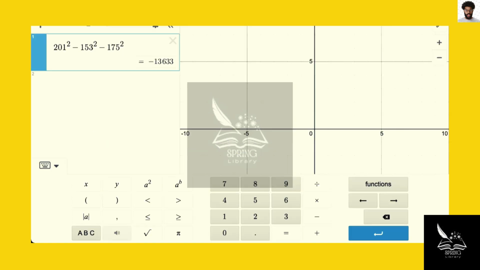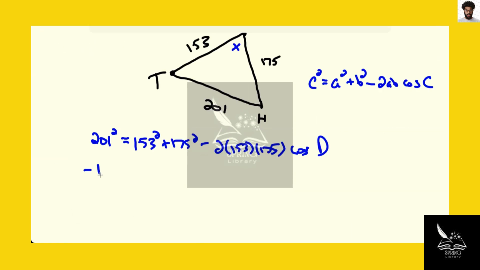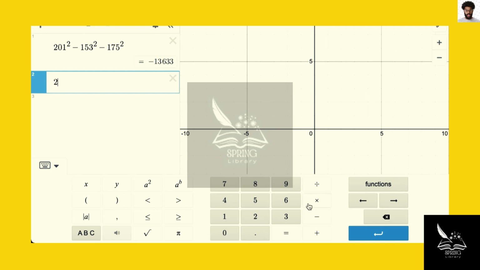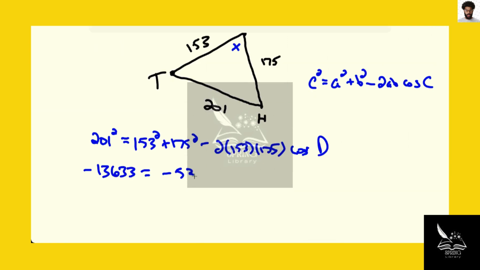Negative 13,633. 2 times 153 times 175 is negative 53, well, because that was a negative actually. Negative 53,550 times the cosine of D.